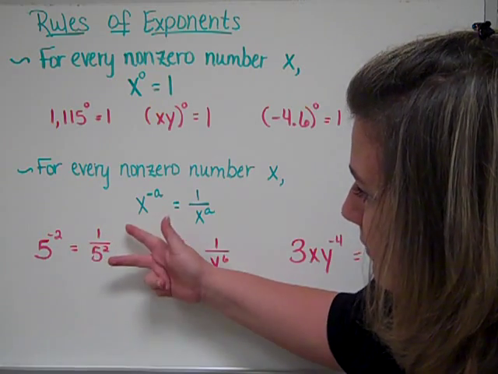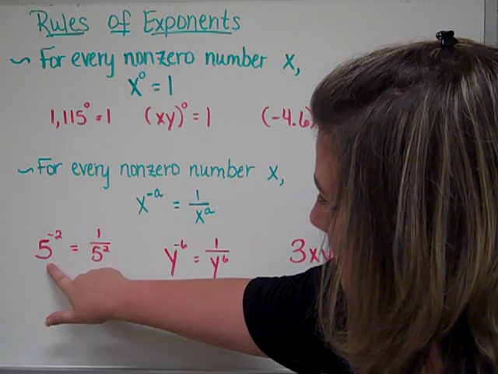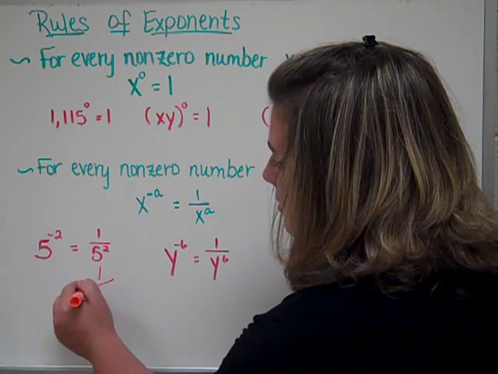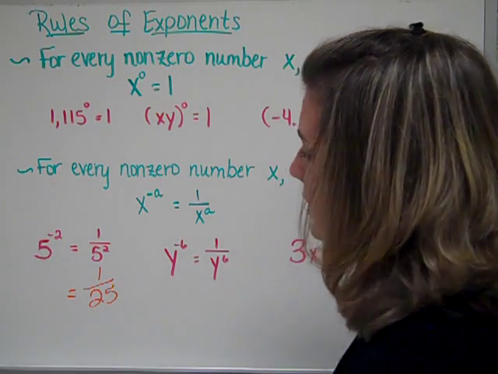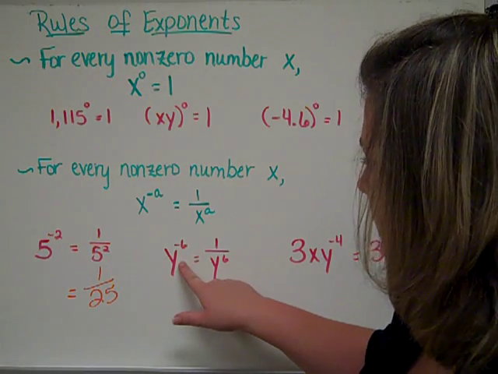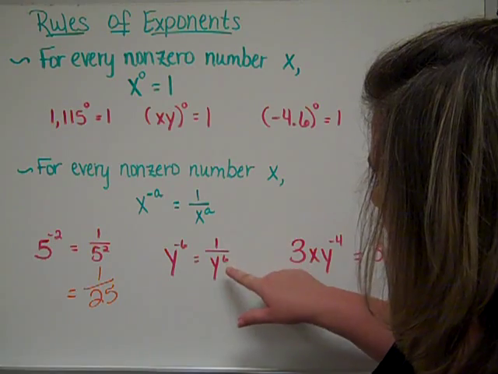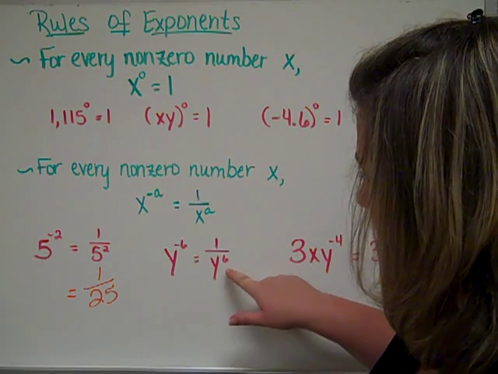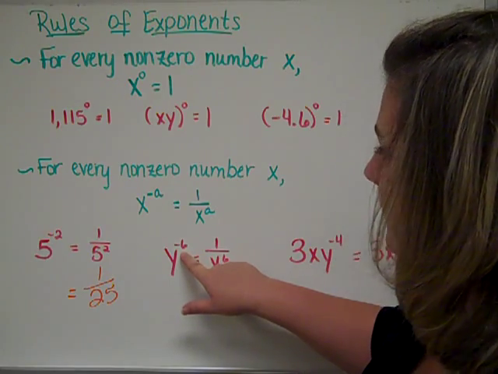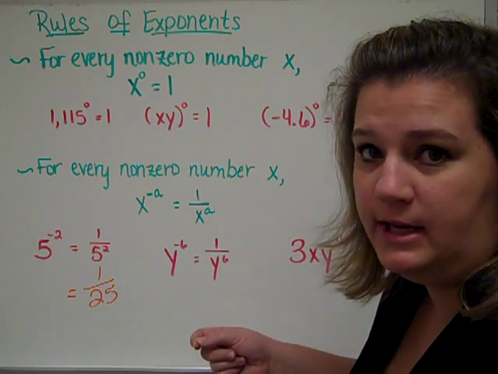That's the reciprocal, so 1 over 5 squared, which we know simplifies to 1 over 25. Let's look at y to the negative 6, which is 1 over y to the 6. Keep in mind that when we take the reciprocal, the exponent is now positive.